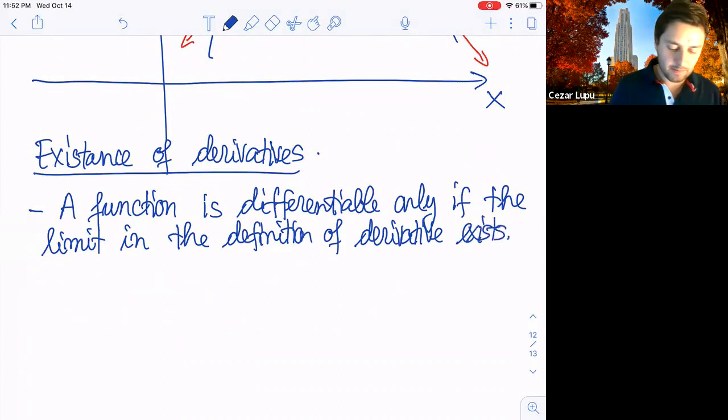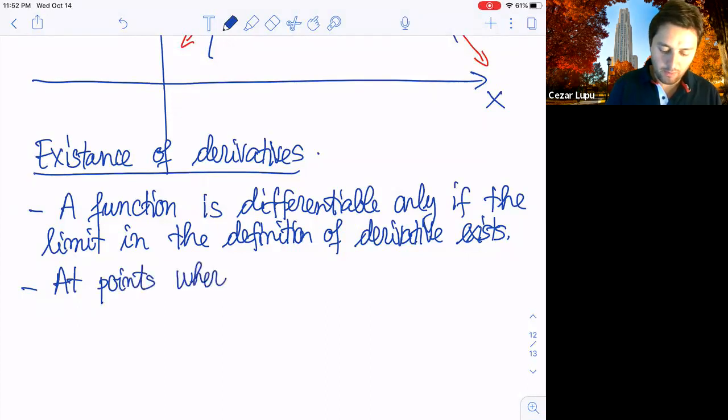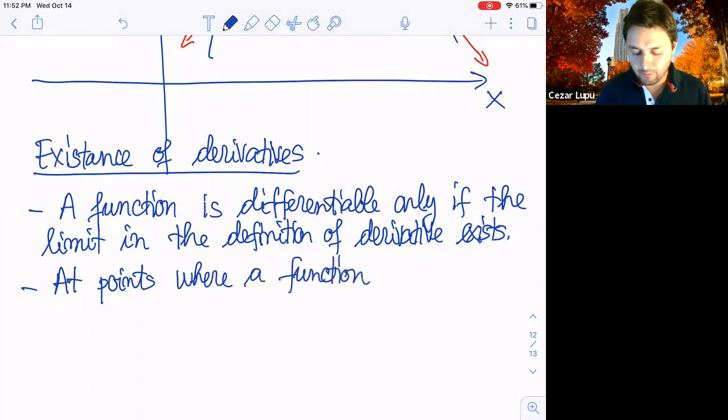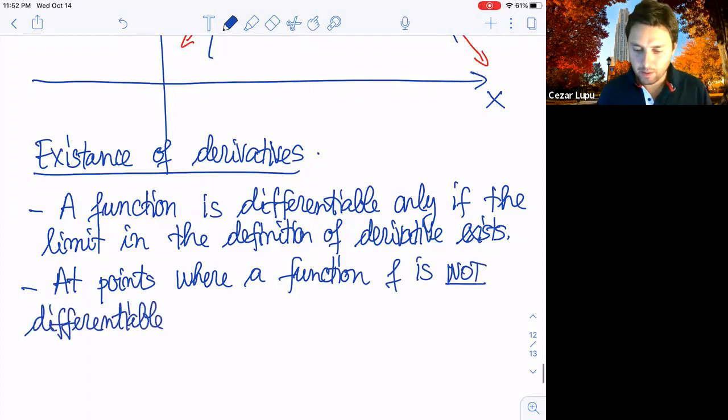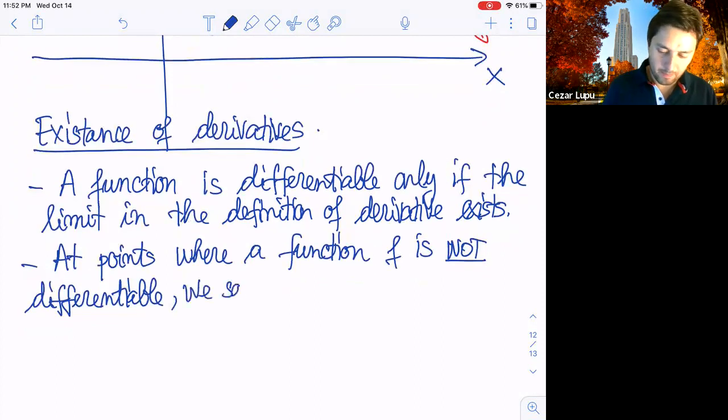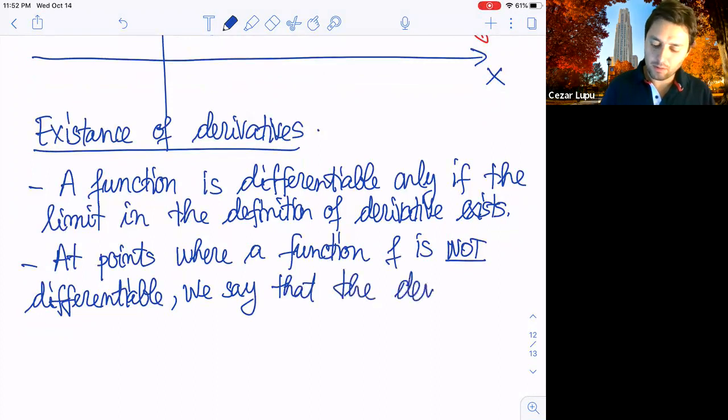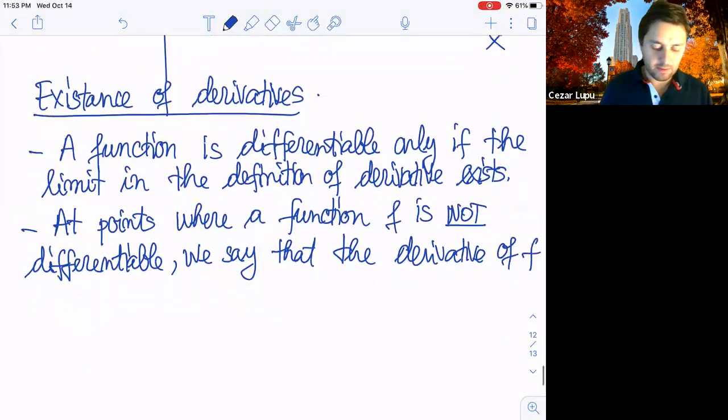So this limit exists. Also, we can say that at the points where a function f is not differentiable, we say that the derivative of f does not exist.